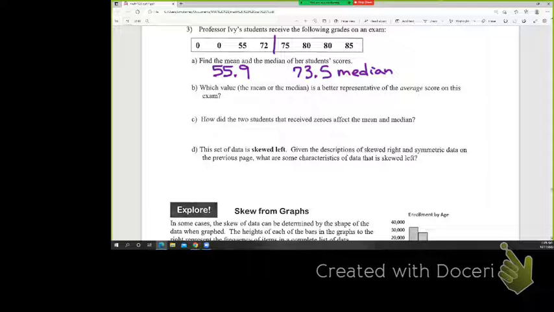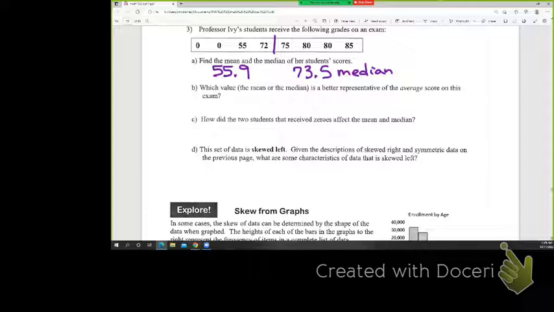So if I wanted to think about how did my students do on this test, if I look at 55.9, then I think, wow, everybody bombed this test. People didn't even pass. Right. So the median would give me a better picture, and remember the median tells me half the people scored lower, half the people scored higher than that number.